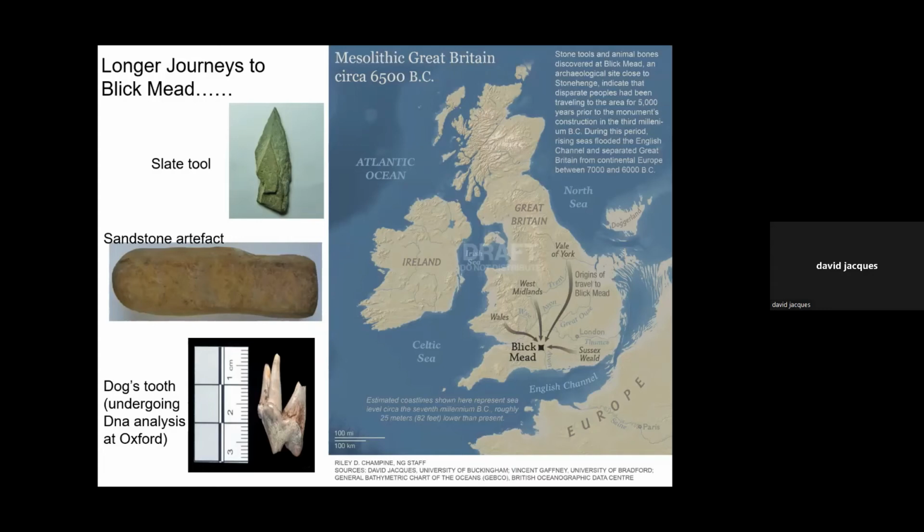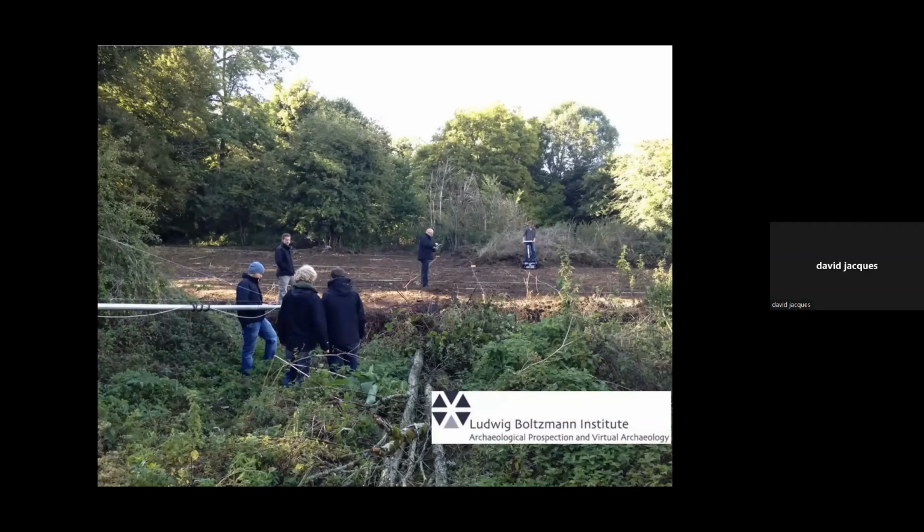So all in all, we've got these fragments of evidence which are suggesting people are coming into the site from a long way away. But hitherto, I haven't actually shown you where people were living at Blick Mead. We've got this amazing spring full of archaeology, but no evidence of where people were working.